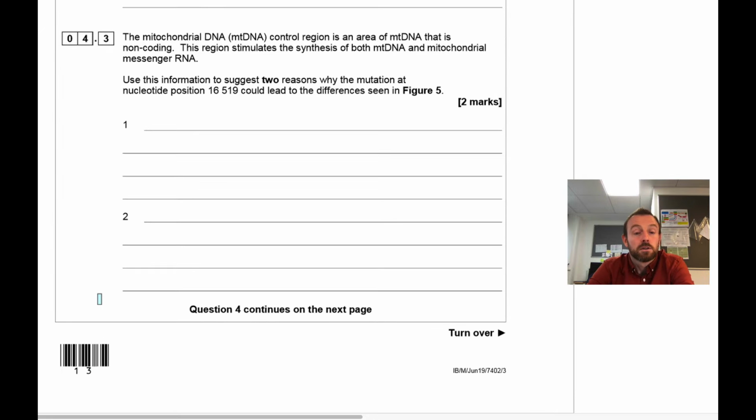4.3. The mitochondrial DNA, mtDNA, control region is an area of mitochondrial DNA that is non-coding. This region stimulates the synthesis of both mitochondrial DNA and mitochondrial messenger RNA. Okay, so it basically controls replication and, sorry, handwriting's terrible today, and transcription.